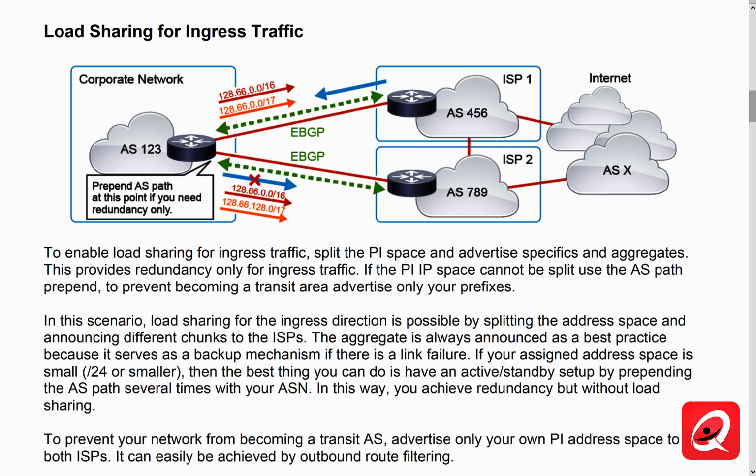People in ISP2 may decide to go through us, AS123, to get to those prefixes that are being originated by ISP1. So we would only advertise our provider independent address space. We would not advertise the prefixes that we're learning from the other providers to the providers. Okay.